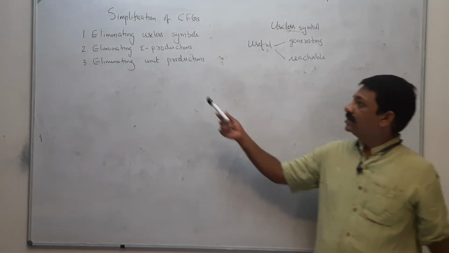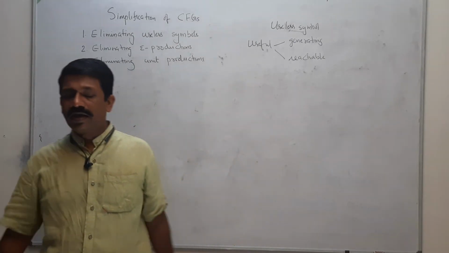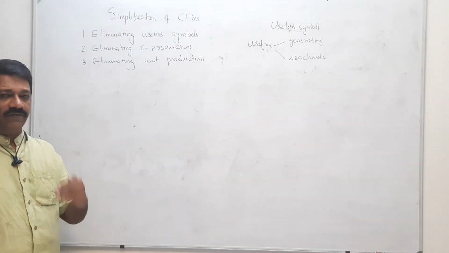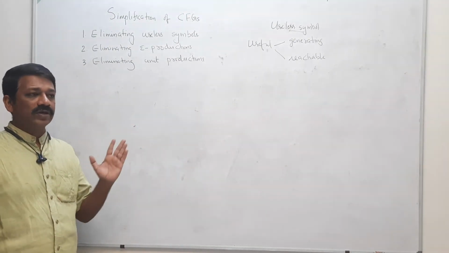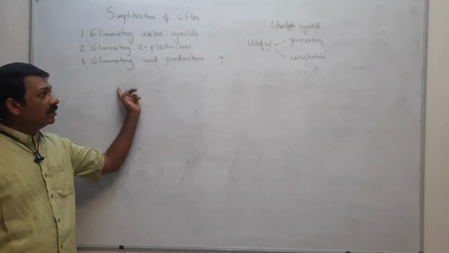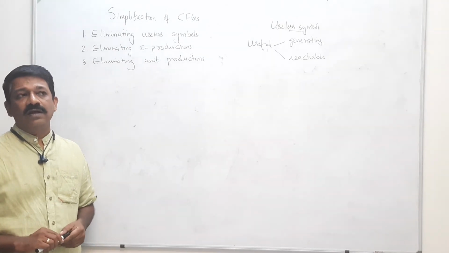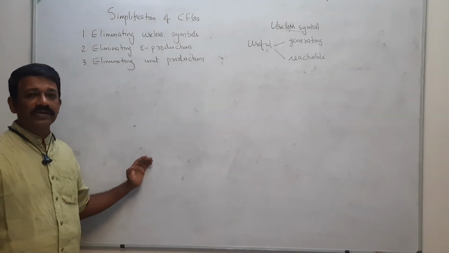And then we are going for unit production. A unit production is a production in which both sides of the production are variables, a single variable, and that can also easily be eliminated, and that process also we discussed.